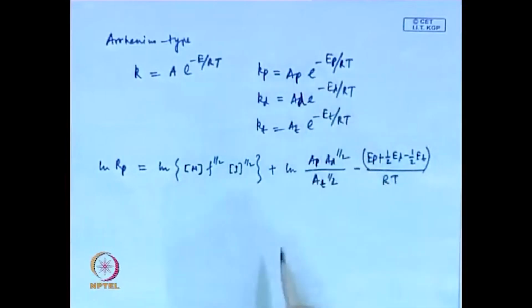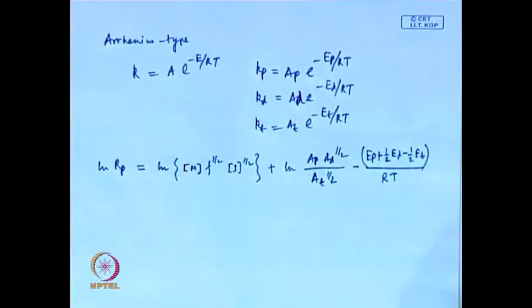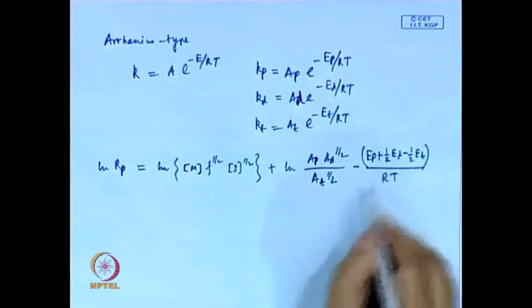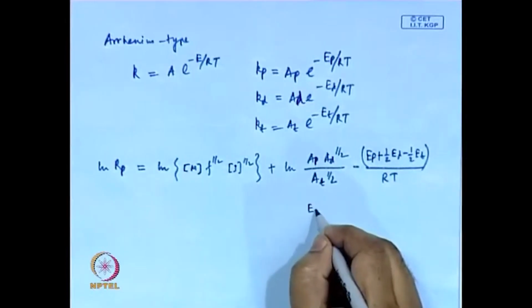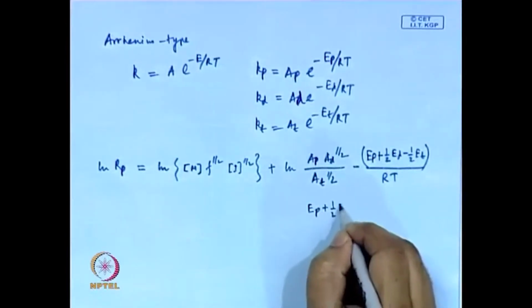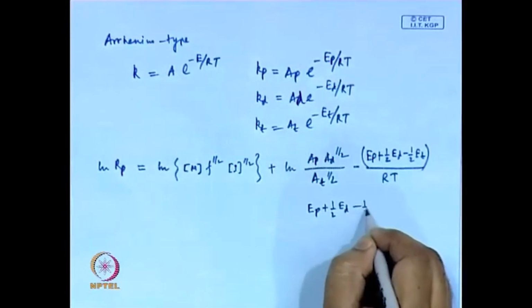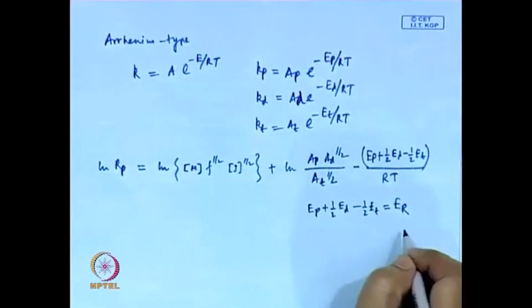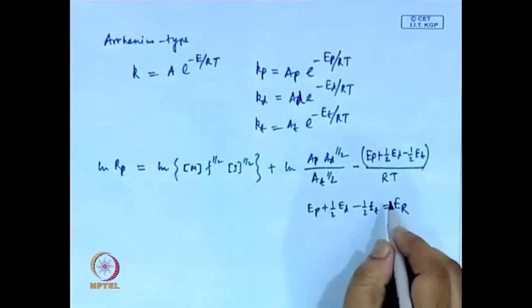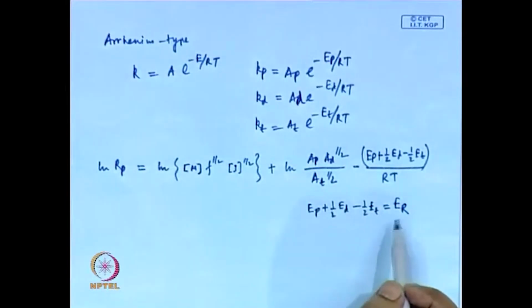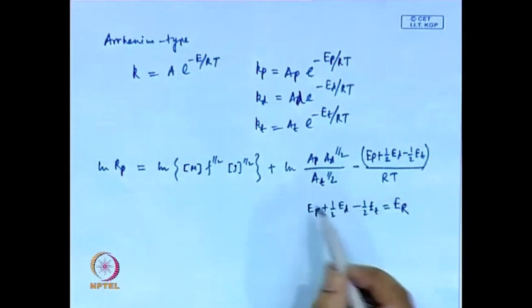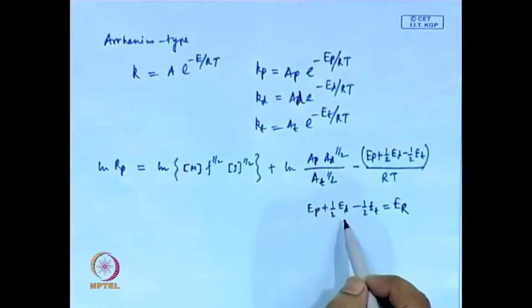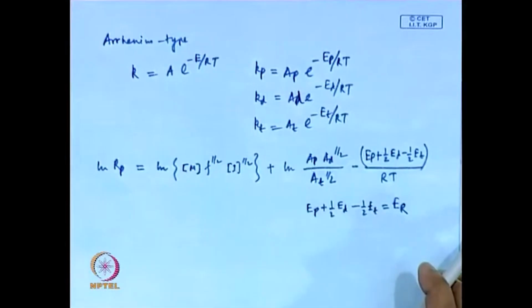We can write all this from the Arrhenius type expression, and this term Ep plus half Ed minus half Et we write as the activation energy of the polymerization reaction. So, it is a combination of propagation, initiation as well as termination.